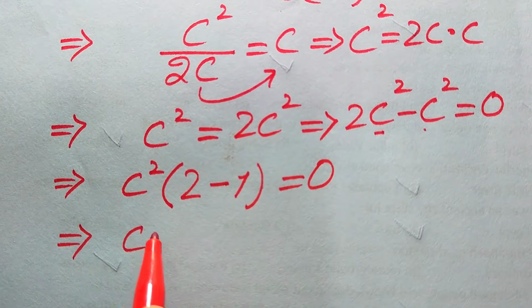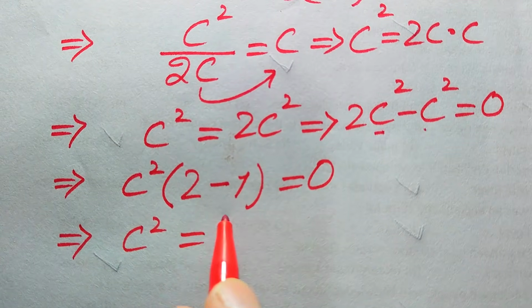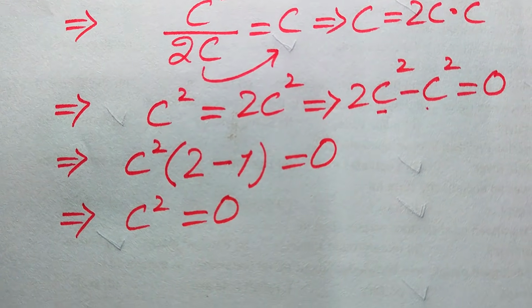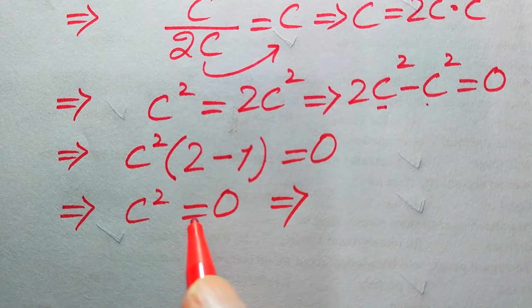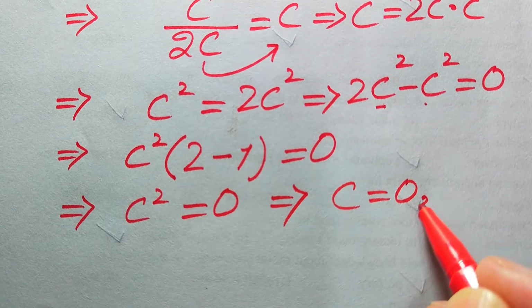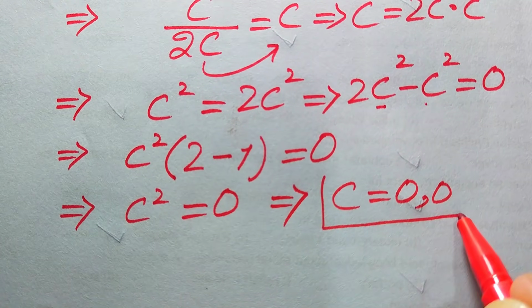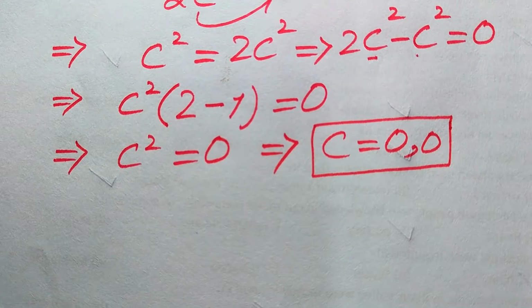And further in the next step, we have c square times 2 minus 1 is equal to 0. From this case it implies that if c square is equal to 0, this implies that c is equal to 0 and 0. So from here we get the repeated roots of the given equation. So these are the two repeated roots of the given equation which we get here.